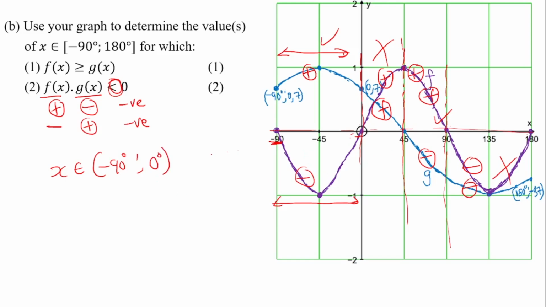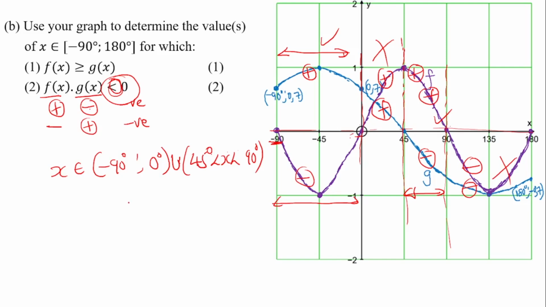Okay, and then the other part you said from 45 to 90, so this is union, and then x is greater than 45 degrees but less than 90 degrees. That's where f of x times g of x will give us an answer which is negative.